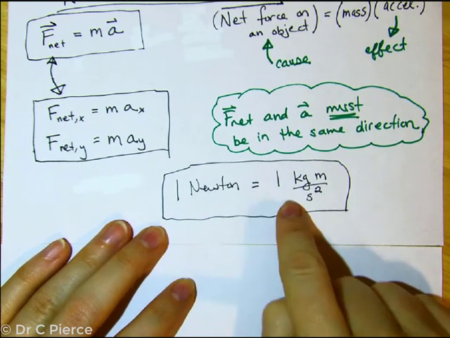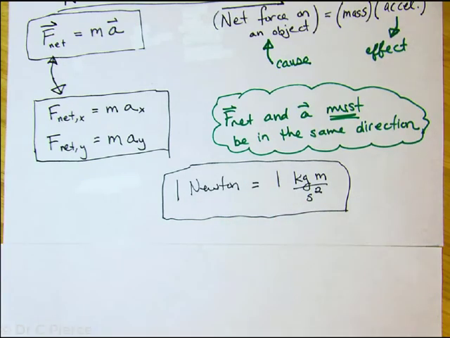And it's a 1-to-1 conversion factor. All right, that's how 1 Newton was defined. So if you see a Newton, you could erase it and write in kilogram meter per second squared. If you see kilogram meter per second squared, you could erase it and just write Newton.